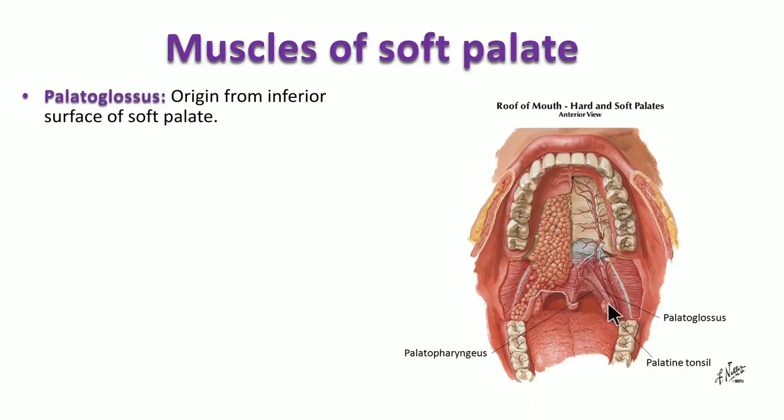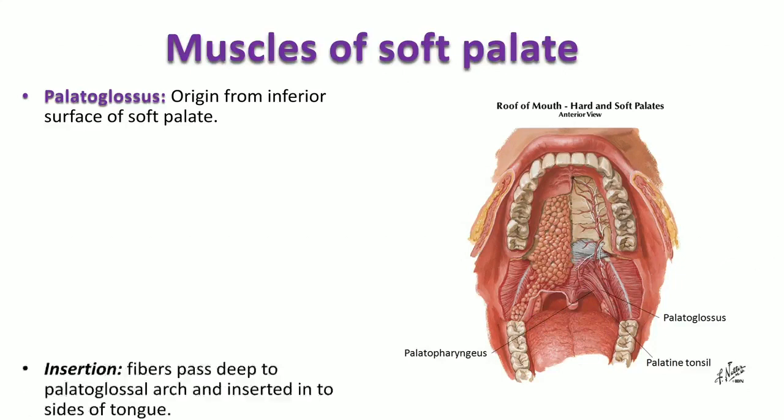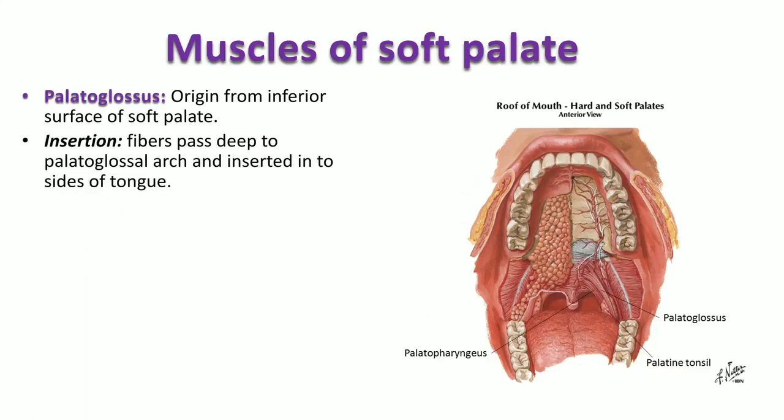Here you are able to see the muscle fibers, and then it gets inserted into the sides of the tongue. The palatoglossal arch passes in front of the tonsillar fossa.